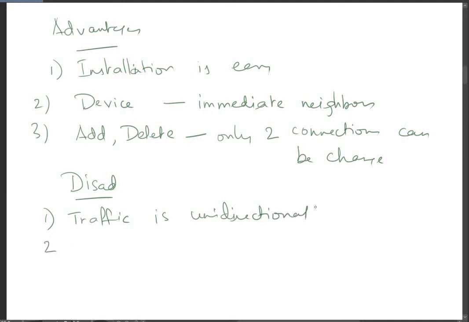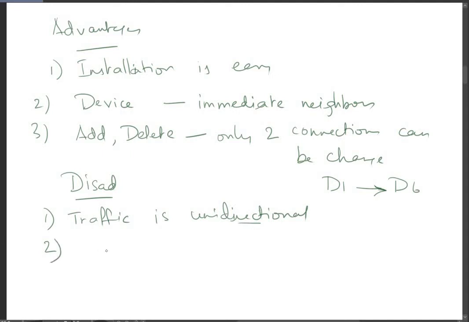If device 1 wants to transmit to device 6, in the diagram from D1 it has to go to D2, D2 to D3, D3 to D4, D4 to D5, and finally the message reaches D6 because of these unidirectional links.